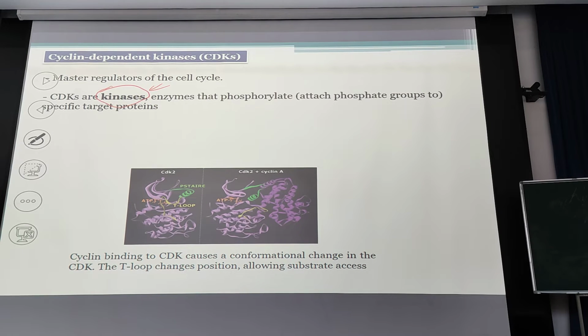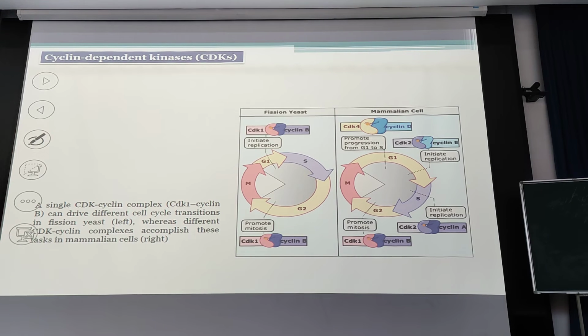Kinases are enzymes that phosphorylate, or attach a phosphate group to, a target protein. That is the job of these enzymes. And the cyclin-dependent kinases only work with cyclin proteins. They are very conserved during evolution.